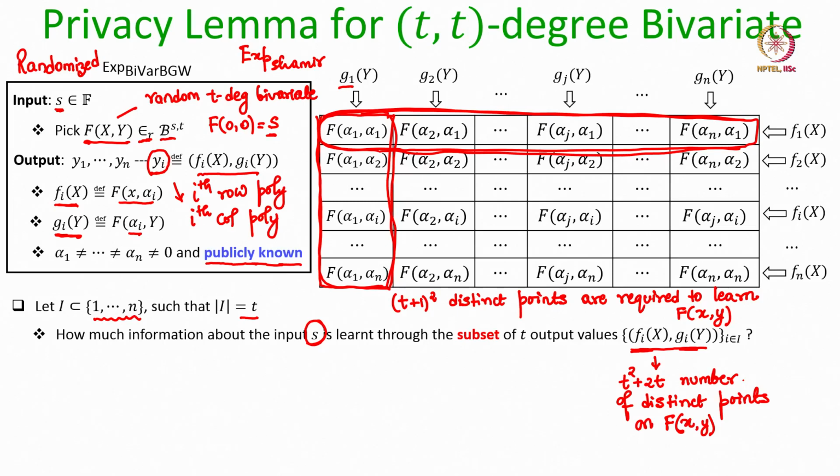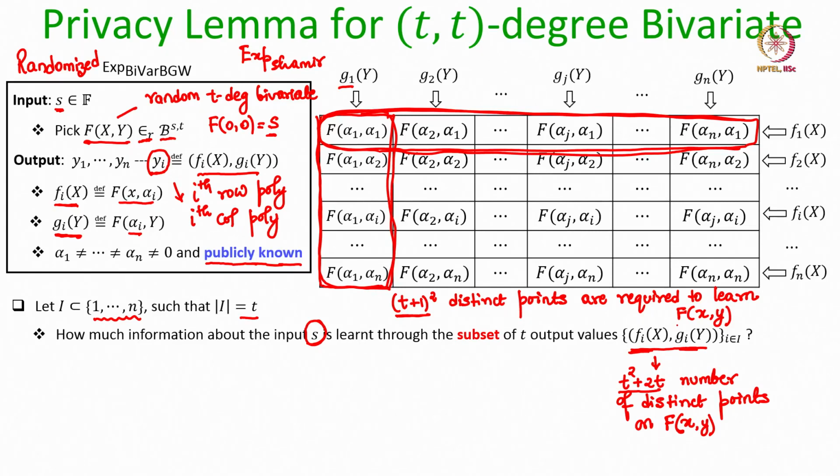So, that means we require a total of these many distinct points on the bivariate polynomial f of x y to uniquely identify what was the bivariate polynomial selected in the experiment, but through the t number of output values which are given to us, we will end up learning only t square plus 2t number of distinct points. Well, how do we get this t square plus 2t number of distinct points? I leave it as an exercise for you.